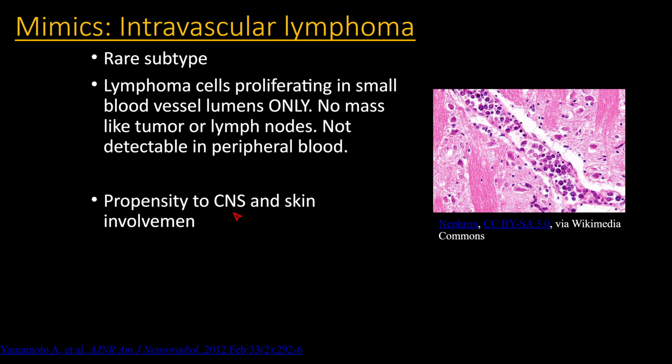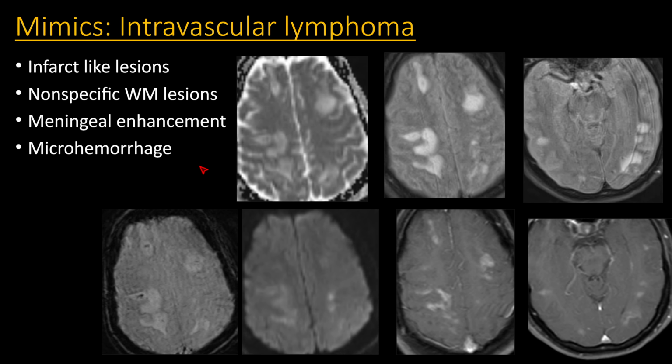And there's a propensity for this form of lymphoma to involve the central nervous system and skin. So sometimes to diagnose it, people do random skin biopsies, but these can be very challenging to diagnose just because there's no lymph nodes to go after or anything. So the article I referenced on the slide below had 11 cases of these intravascular lymphomas, and they came up with 4 or 5 different types of lesions or imaging appearances these things can have.